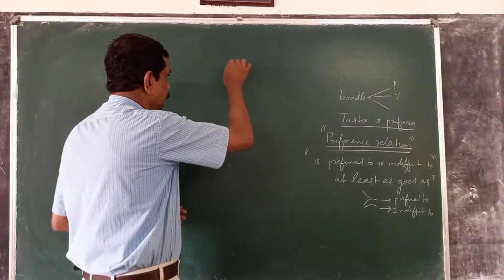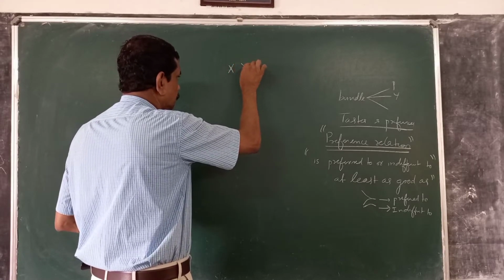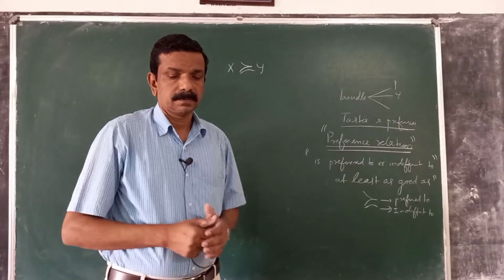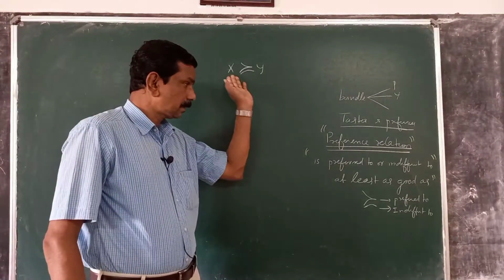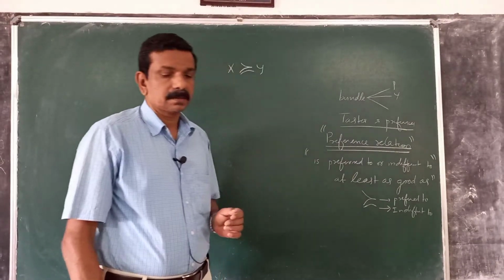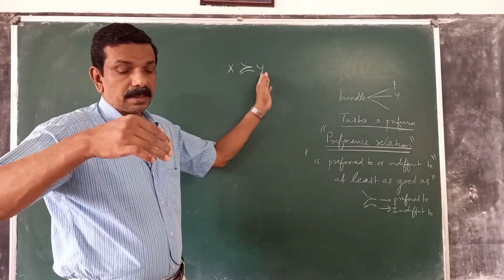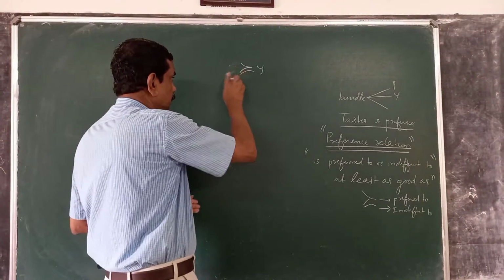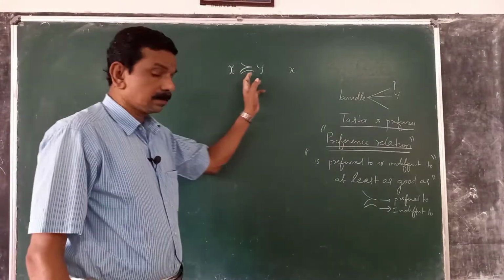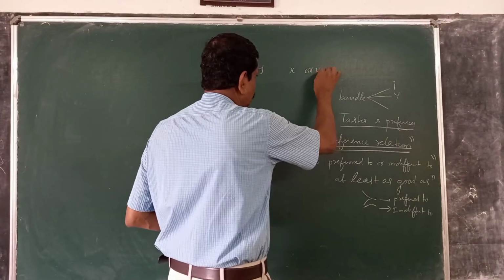Now, the notation x is preferred to or indifferent to y, or at least as good as, means the consumer either prefers x or y, or he is indifferent to x and y.